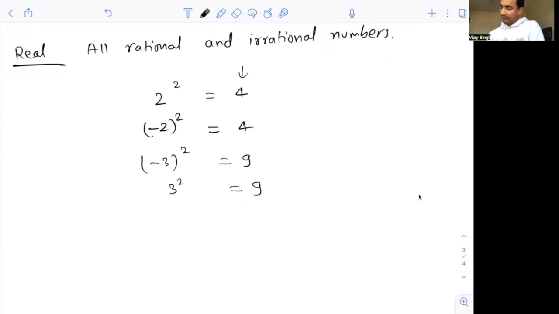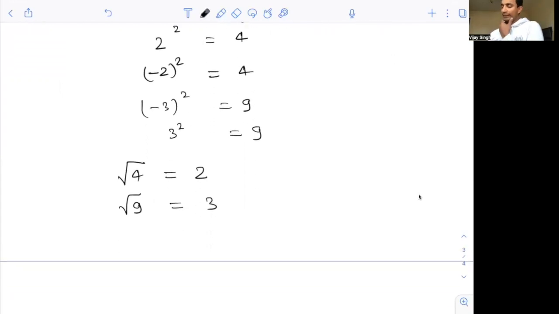So let's say the square root of 4 was equal to 2. The square root of 9 is equal to 3. So all the numbers for which we were taking square roots were actually positive numbers. But what if these numbers are negative?